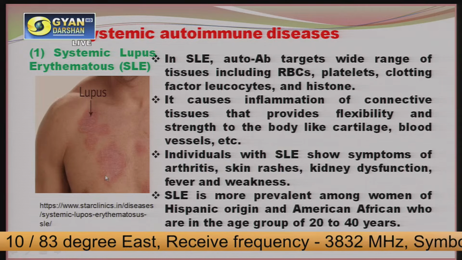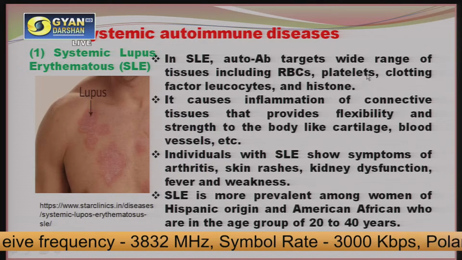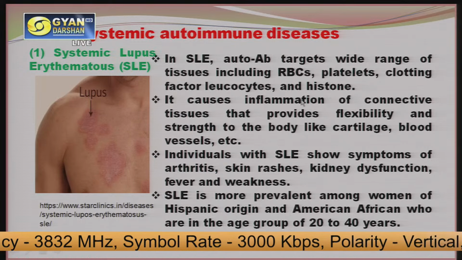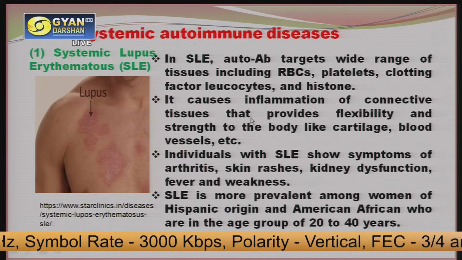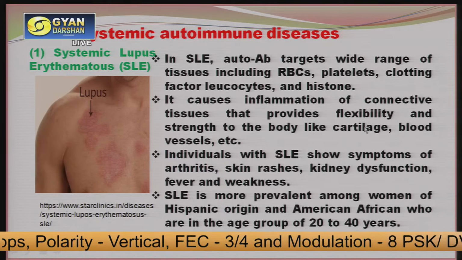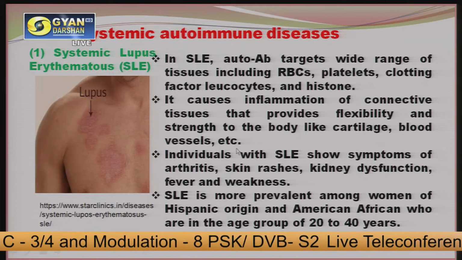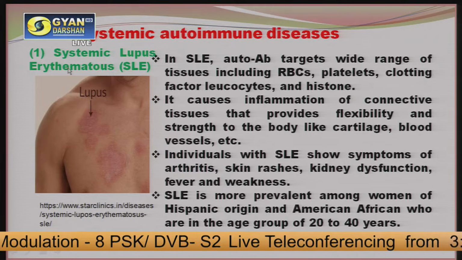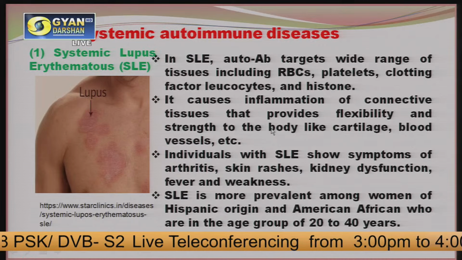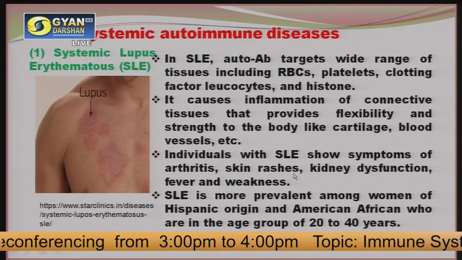It causes inflammation. After binding with these particular tissues, they cause inflammation of the connective tissues that provide flexibility and strength to the body, like cartilage, blood vessels, etc. The individual with systemic lupus erythematosus shows symptoms of arthritis, skin rashes.